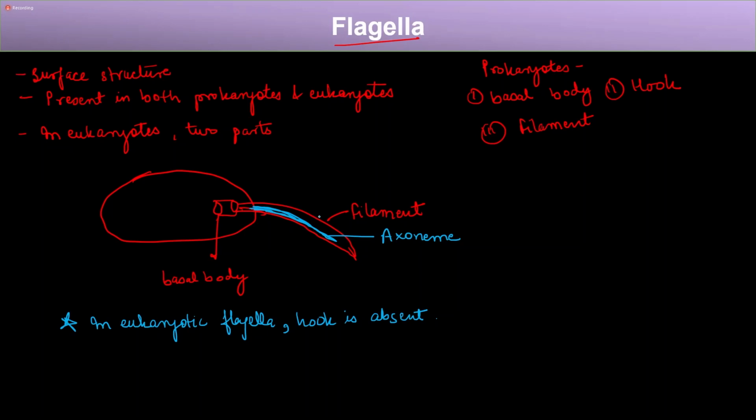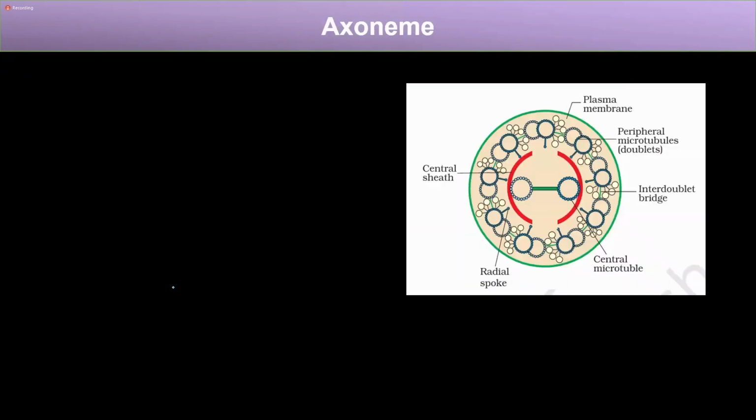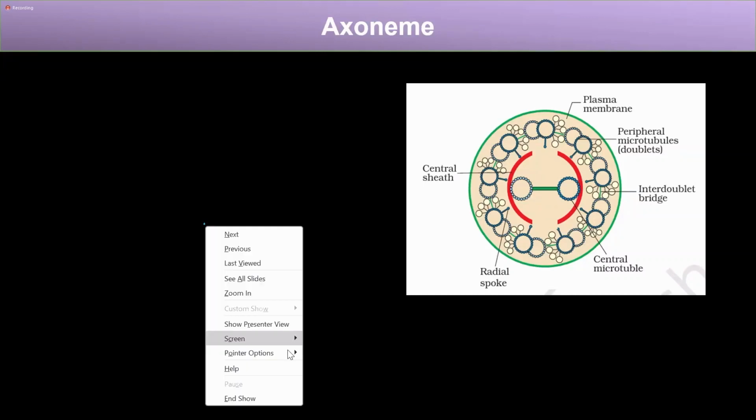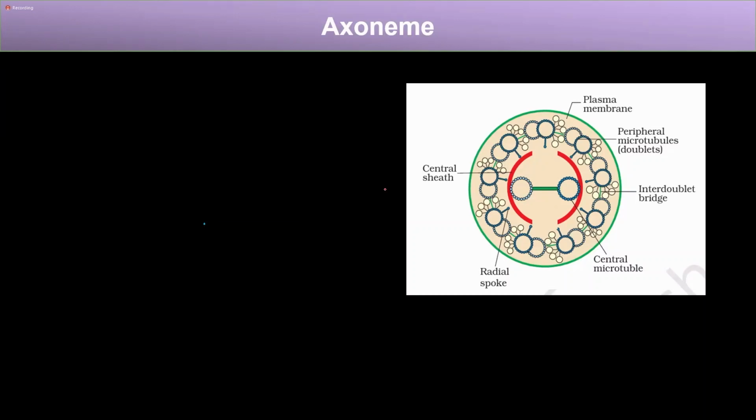Now, if you cut this flagella, or cut this cilia like this and visualize it from the top, what kind of structure will you see? You will see a structure something like this, and this structure is known as axoneme.